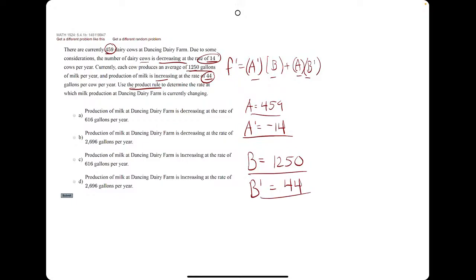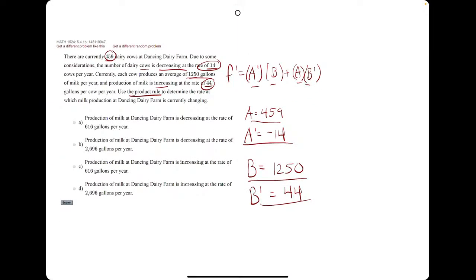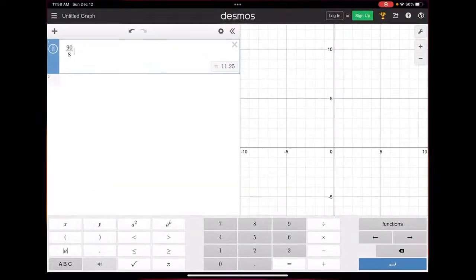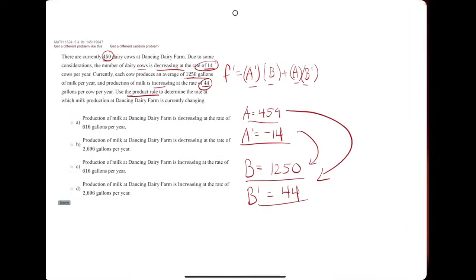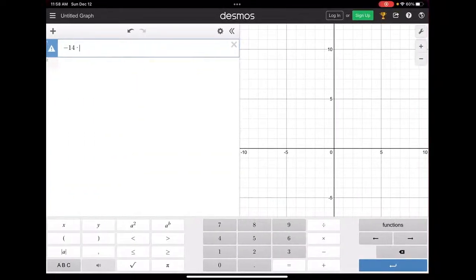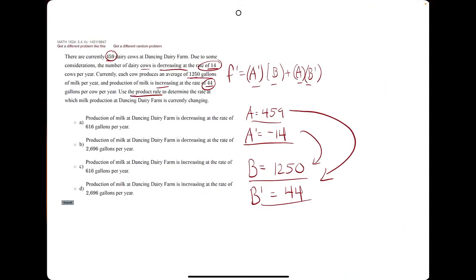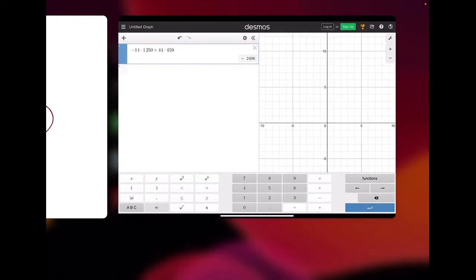With these 4 values, we plug these into this. So negative 14 times 1250 plus 459 times 44. So we get 2696.